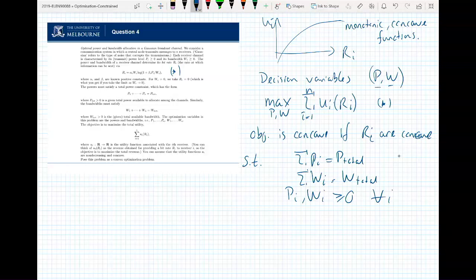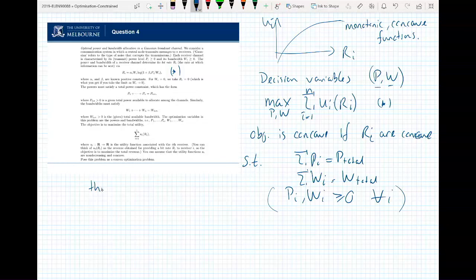These are linear constraints. If you ignore the positivity constraints, so let's say we end up with a positive result, then these will be automatically satisfied. Then you have a set of equality constraints only. Then you will have maximizing a concave function, which is minimizing a convex function. So convex optimization with linear constraints. So this will still be a convex optimization.